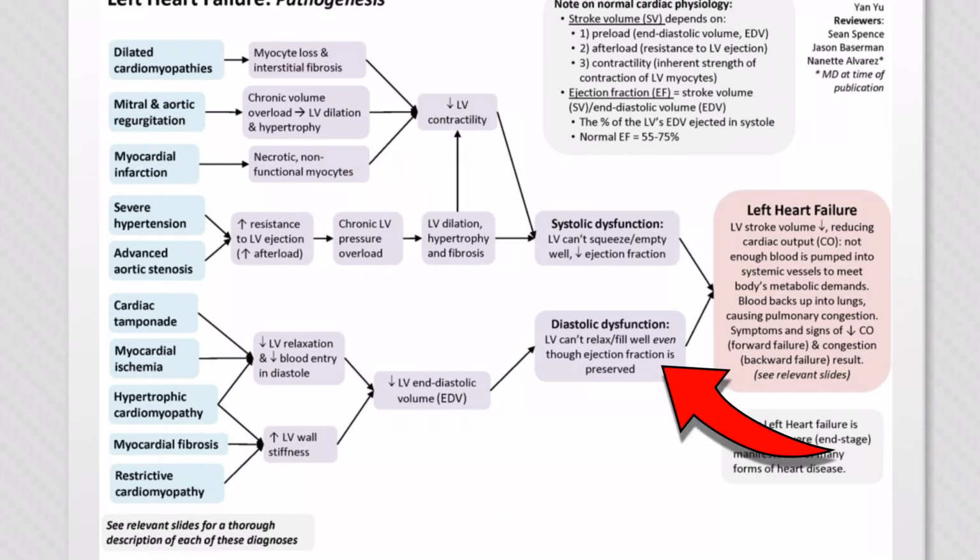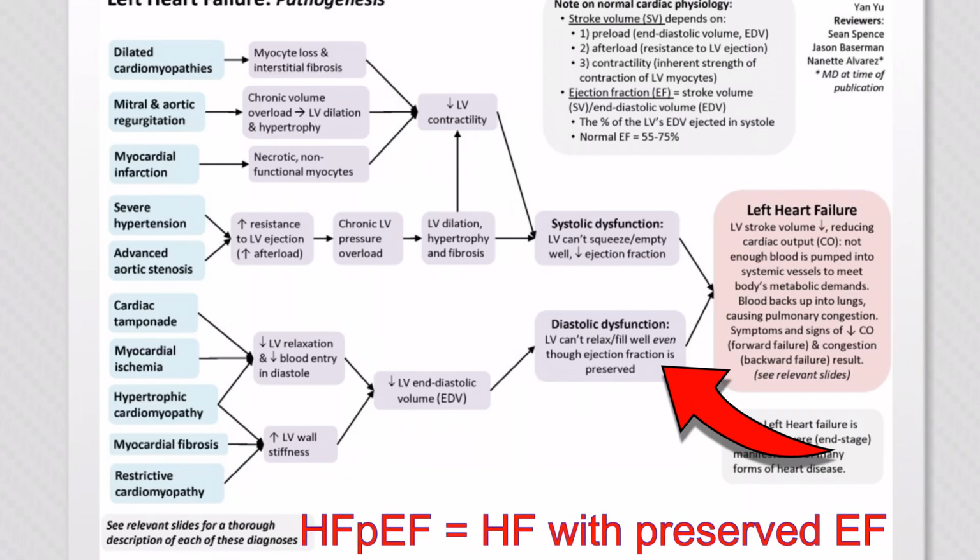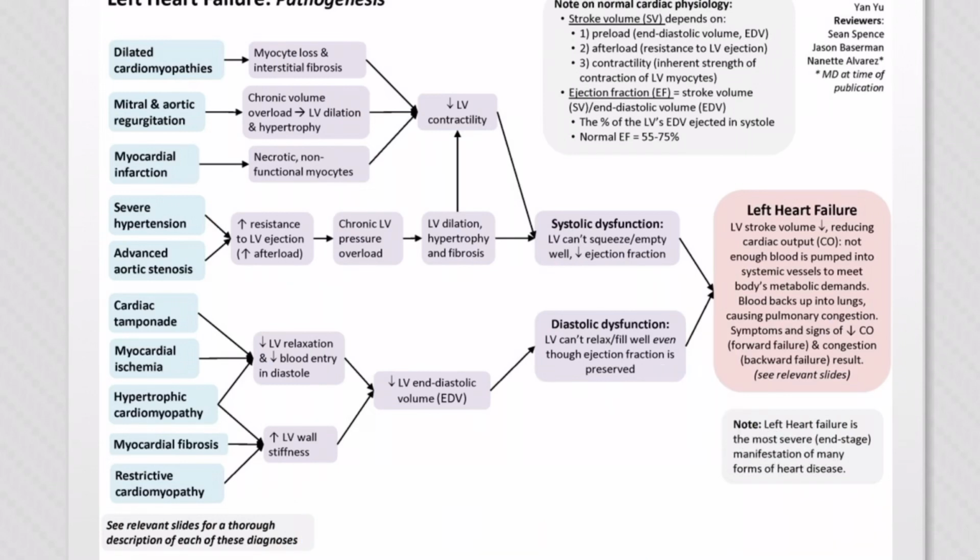Then for diastolic dysfunction, the left ventricle cannot relax or fill adequately, so the ejection fraction is preserved. We call that heart failure with preserved ejection fraction. Ultimately, both of these dysfunctions lead to left-sided heart failure.